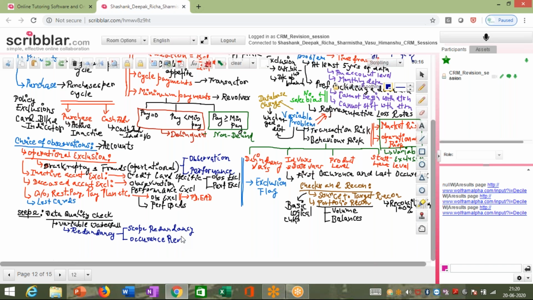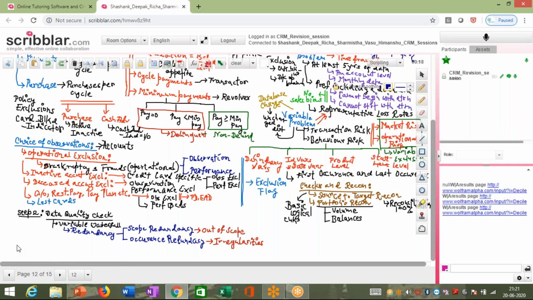And occurrence redundancy covers those variables which are removed in terms of their irregularities, irregularity in terms of the occurrence, which is your first occurrence, last occurrence analysis. So basis redundancy, a set of variables will be removed.